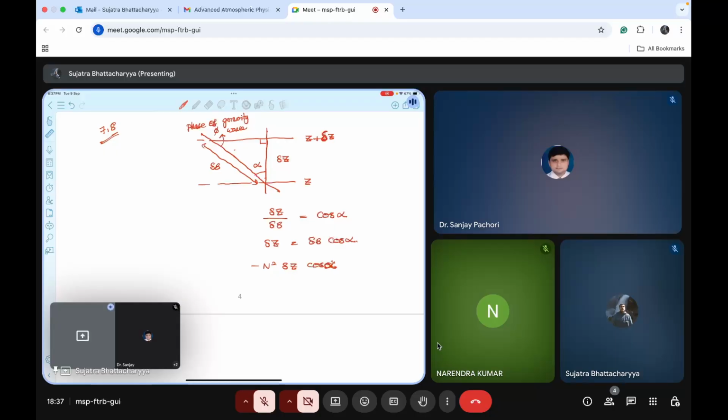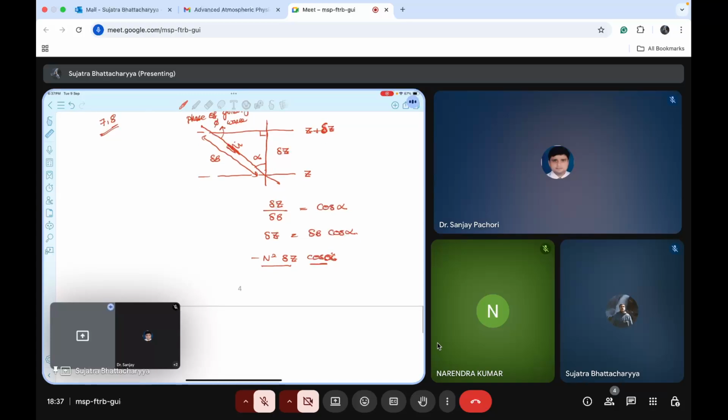If your buoyancy oscillation is happening at a slanting angle, then it should be minus N square delta Z into cos alpha. Because we have seen that if this is your Z direction and your buoyancy oscillations are happening in this plane, then d2 by dt2 of delta Z is equal to minus N square delta Z, which we have seen.